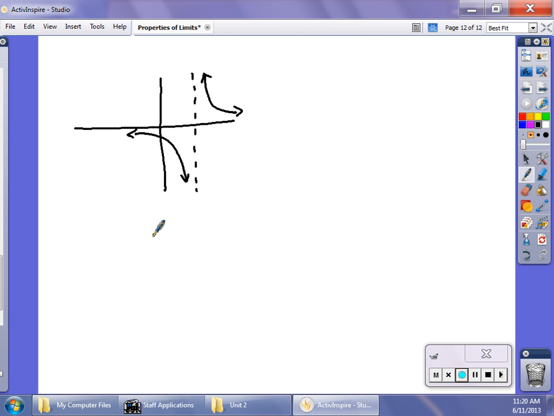We can't remove that discontinuity. This is infinite. Infinite discontinuity. So you should be familiar with the types of discontinuity. The AP folks won't ask you it, but you should know which one is which, and I'll try to algebraically show those to you.